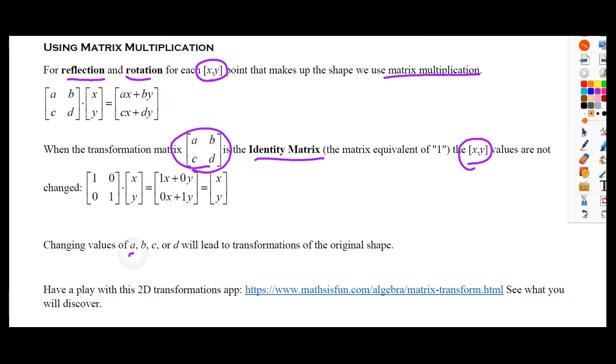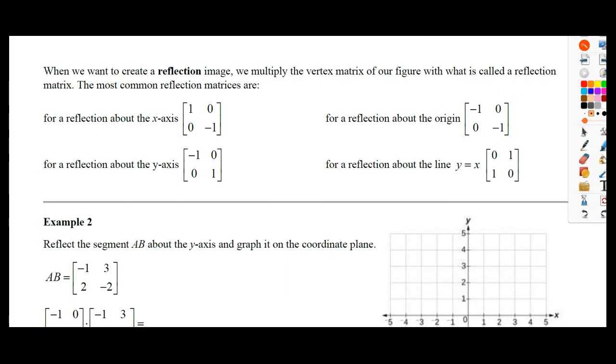Changing values a, b, c, or d will lead to transformations of the original shape. When we want to create a reflection image, we multiply the vertex matrix of our figure with what is called a reflection matrix. The most common reflection matrices are reflection about the x-axis.